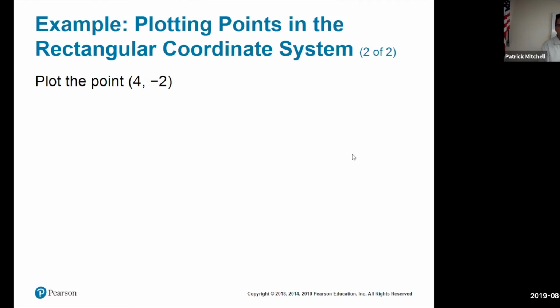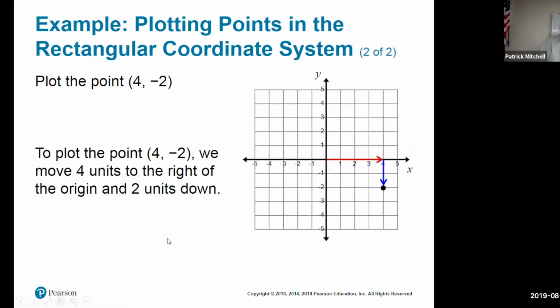So hopefully you have a picture on your paper or in your mind of where the point (4, -2) is located. So you start at the origin, go now 4 units to the right, and then 2 units down. So that is in quadrant 4.